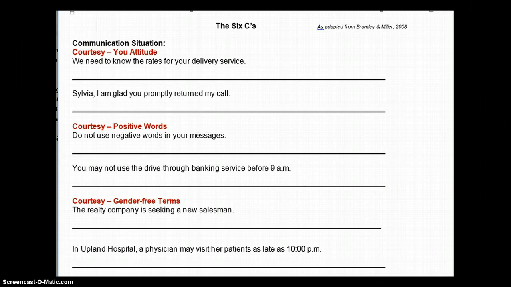In Upland Hospital, a physician may visit her patients as late as 10 p.m. Again, we're talking about all physicians, so we could change physician to plural and say physicians, and then omit the word her in order to be gender-free. So we could say, in Upland Hospital, physicians may visit their patients as late as 10 p.m.